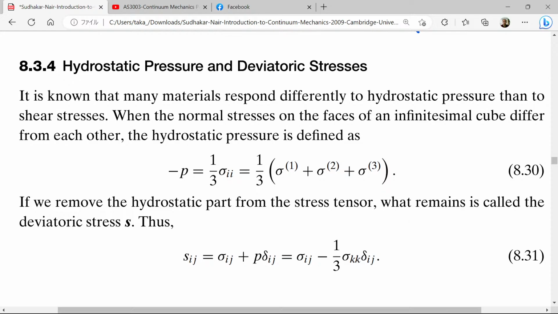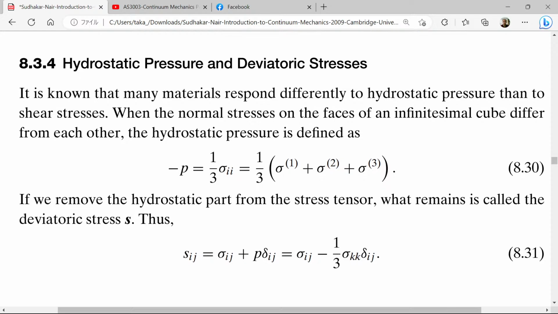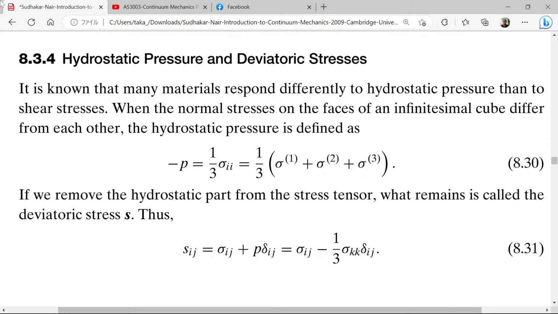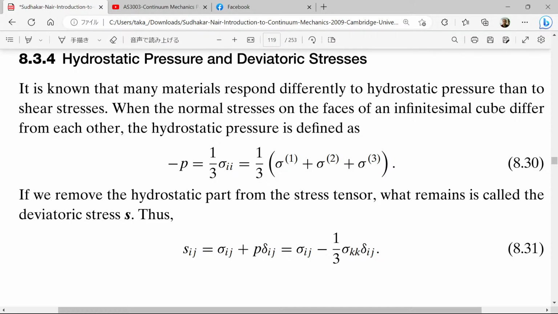Hydrostatic pressure and deviatoric stress.